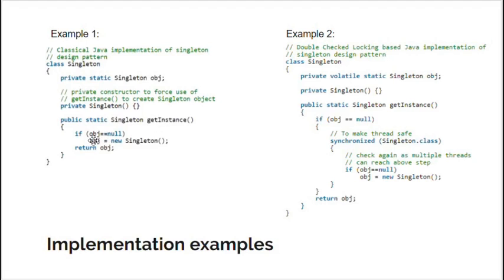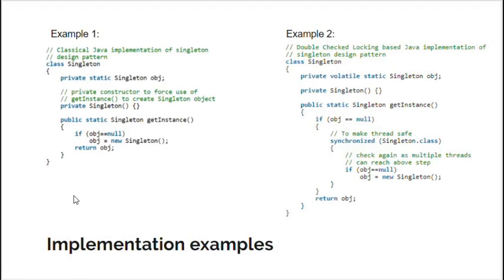If the object hasn't already been created, that is, if it is null, then the member data is instantiated to a new singleton object. Then that object is returned.